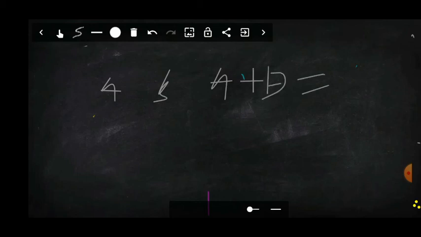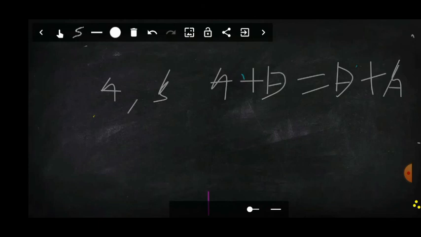Commutative property means if we consider two vectors, vector A and vector B, then A plus B is similar to what? Vector B plus A. That is the commutative property of vectors.